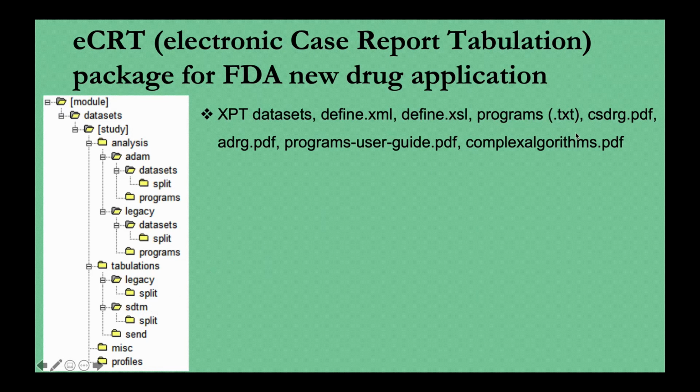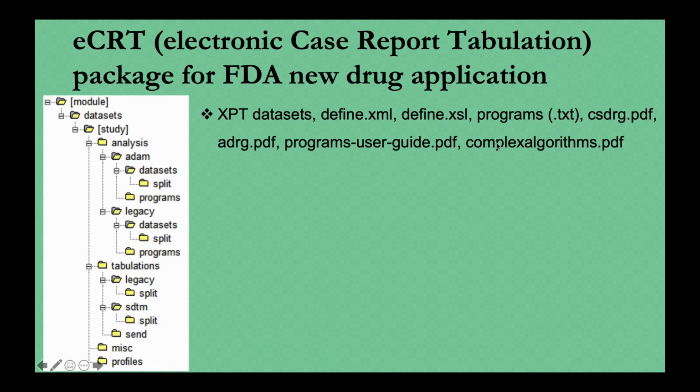Okay, and this file is the clinical study data reviewer's guide. This is only needed for SDTM datasets, and I put it here. And this file, the analysis data reviewer's guide, is only needed for analysis, so you will only need to put it under this datasets folder.